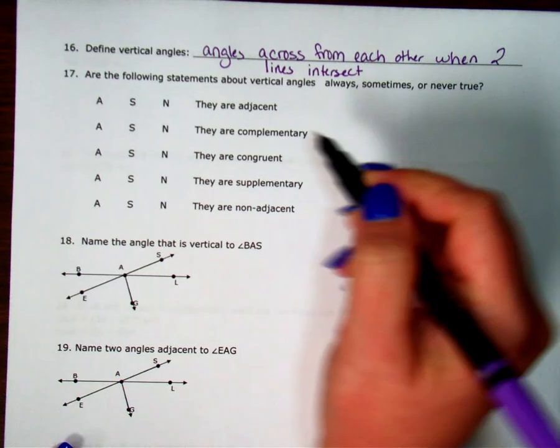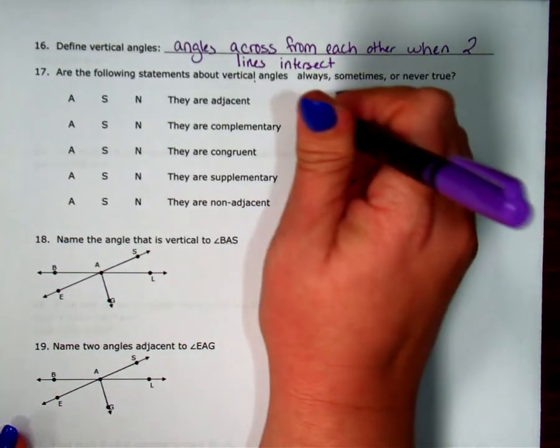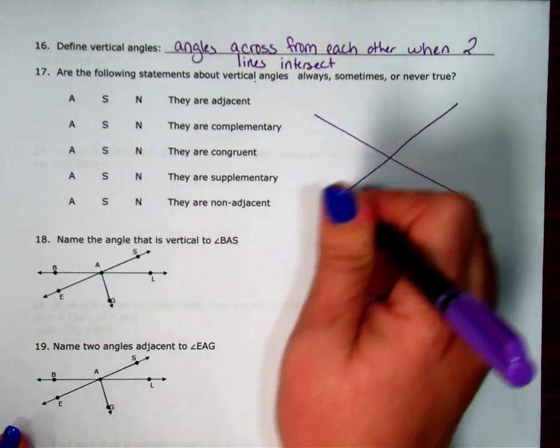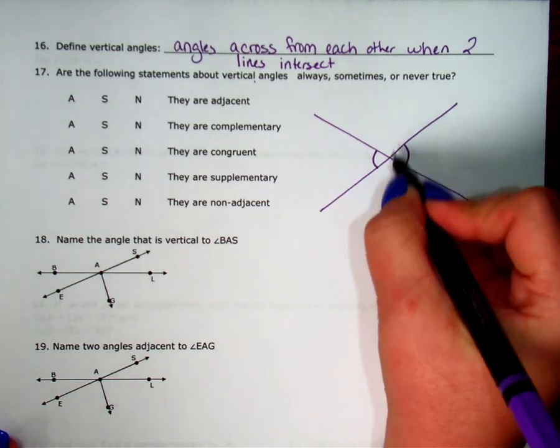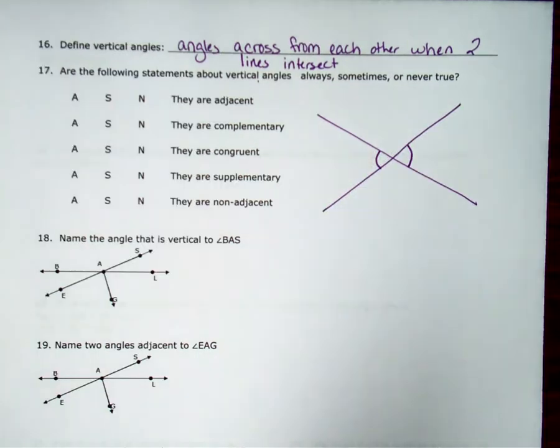Okay, so since the next problem is talking about vertical angles, I'm just going to sketch myself a picture so I can remember that. So vertical angles are going to be here and here, or we could say the top and the bottoms.